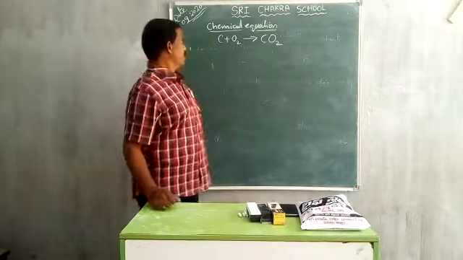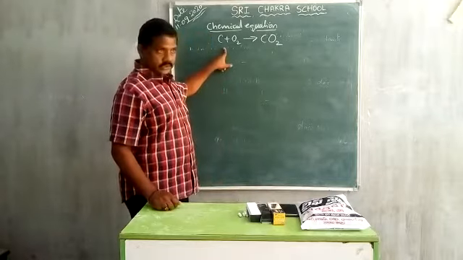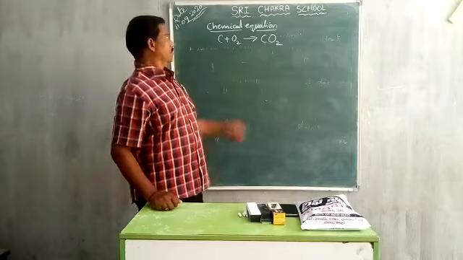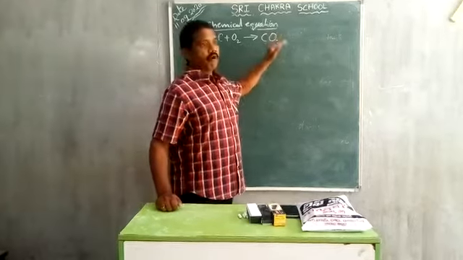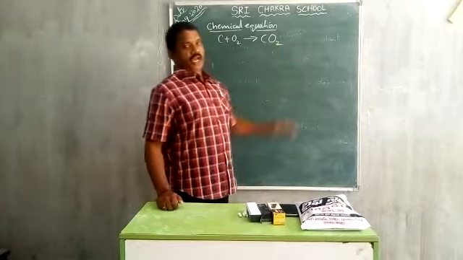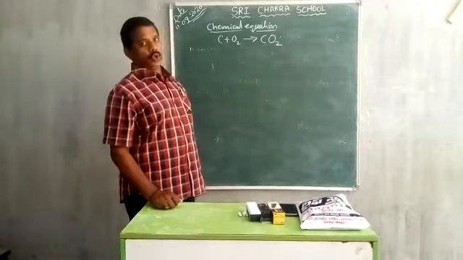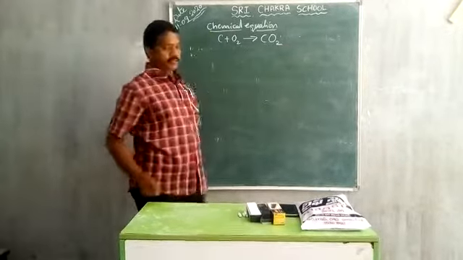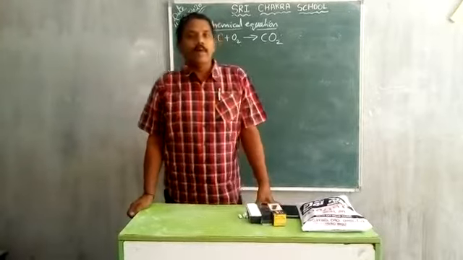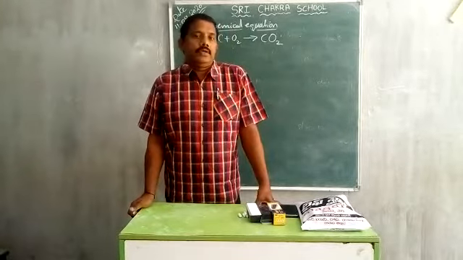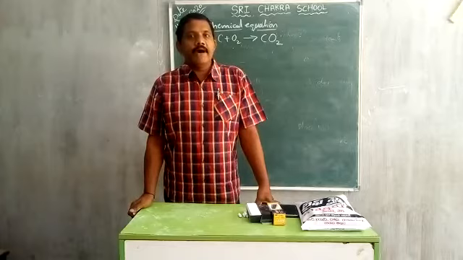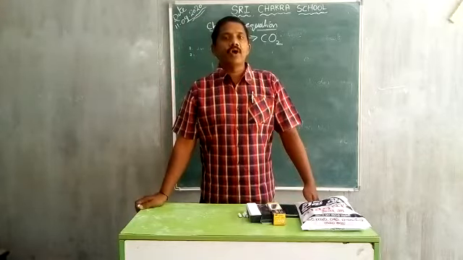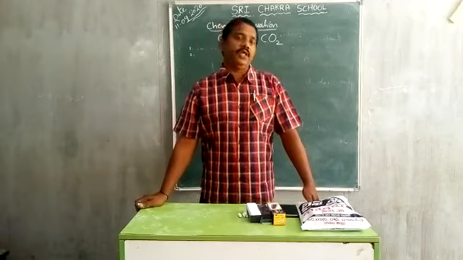So first of all, reactants participating in the reaction and products formed after the reaction are known. Next, second information: how much of reactants are participating in the reaction and how much of products are formed after the reaction.